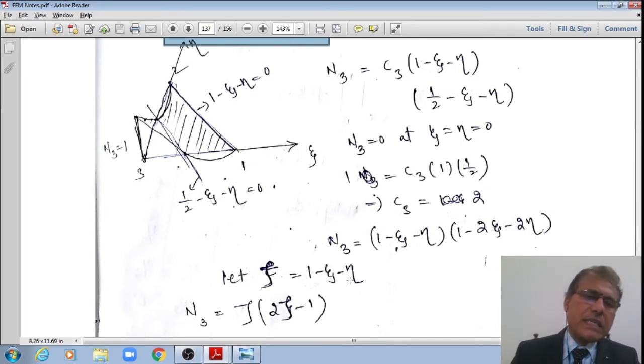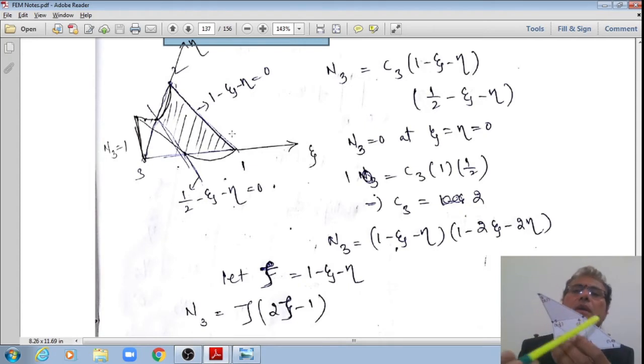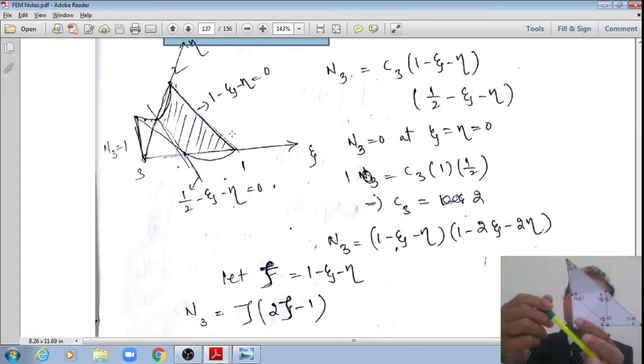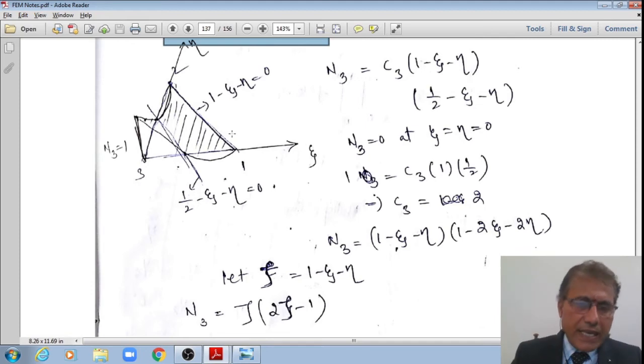That is how zeta is equal to 0 along this line connecting 1, 4, 2, and zeta is equal to half along the line connecting 5 and 6. Zeta is equal to 1 along a line passing through node 3, like this, right? There are 3 equations of the lines. Now I'll recall those equations of the lines, right?